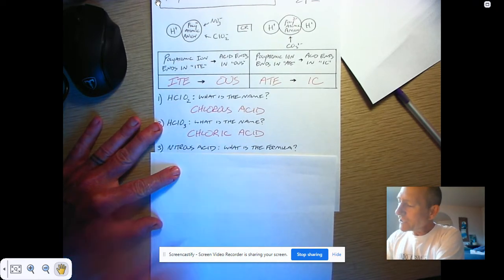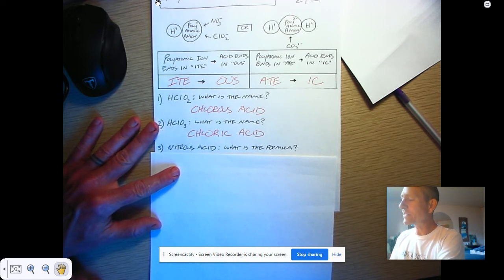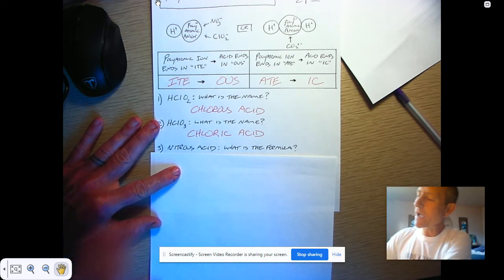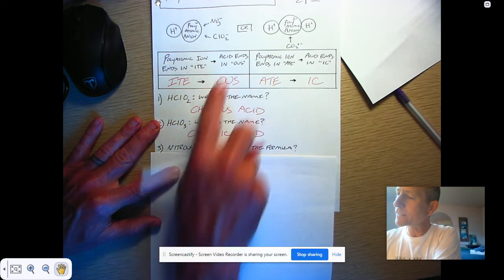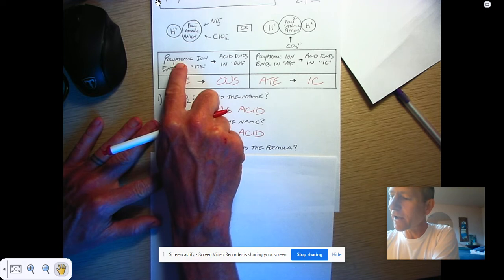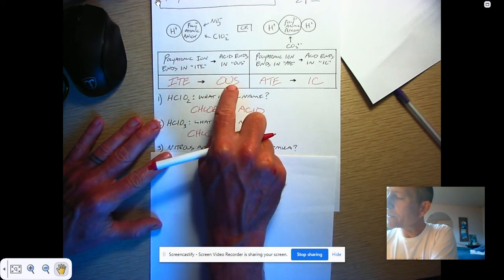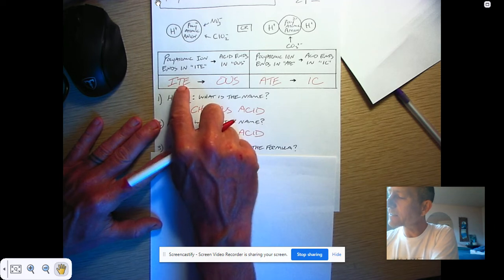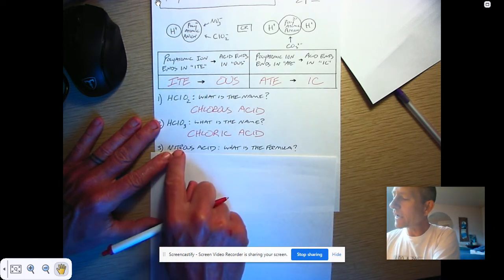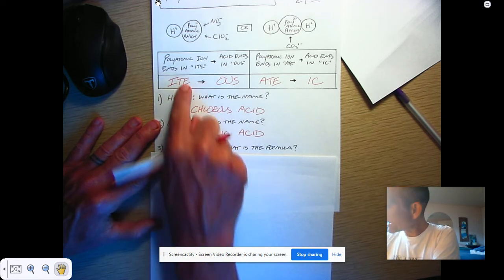Okay, nitrous acid. What is the formula of nitrous acid? So here we're going to have to go backwards because we're starting with the acid, and we're going to have to figure out what the polyatomic ion is. So nitrous acid. So ous came from an ite. So we need to look for nitrite. Nitrite is what we need to look for.